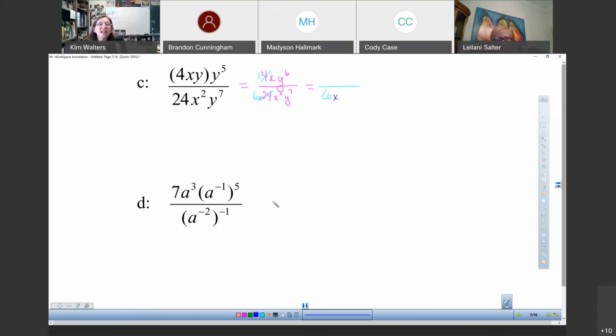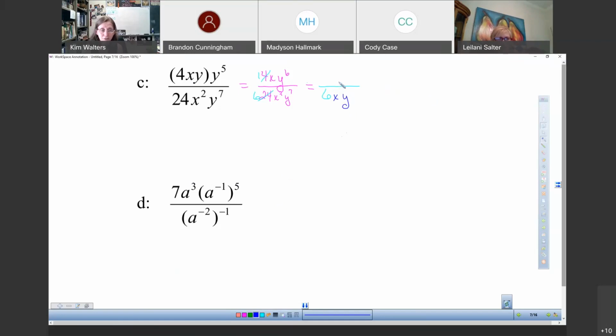Okay. Now, where is the largest power of y? Not a trick question. It is also in the bottom. Okay. So I have 7 minus 6 is going to be y to the first. Well, what am I left with in the numerator? Don't anybody say 0.